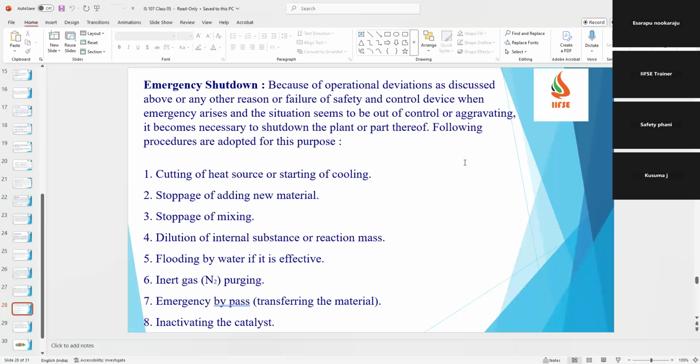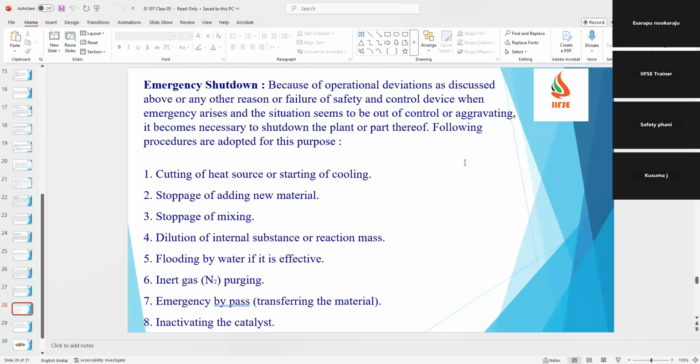Then we have to stop adding materials, and also stop mixing, which is nothing but agitation. Then dilution of the material.